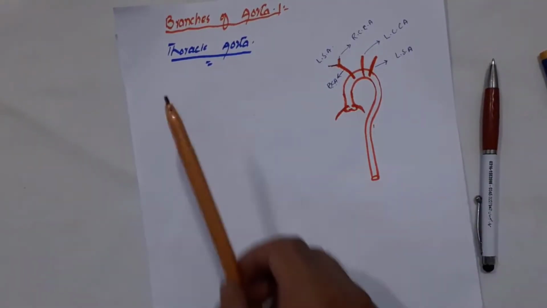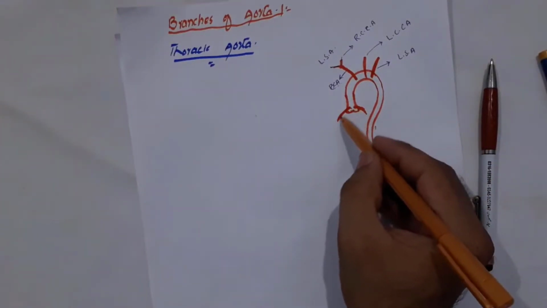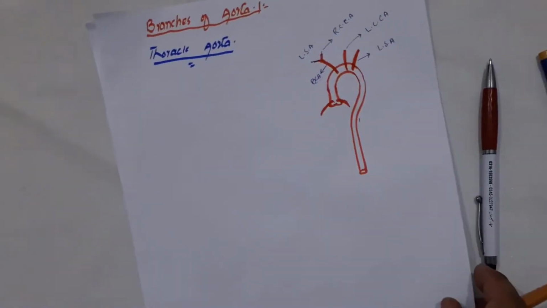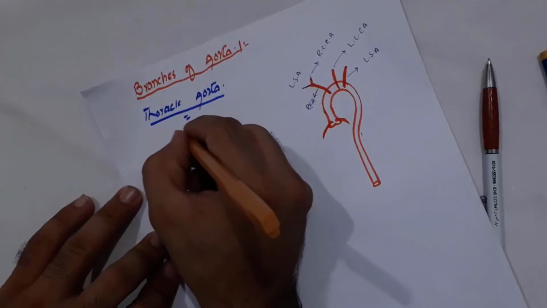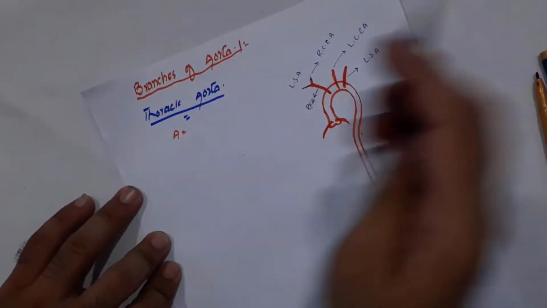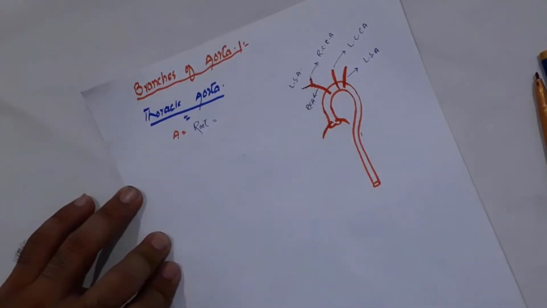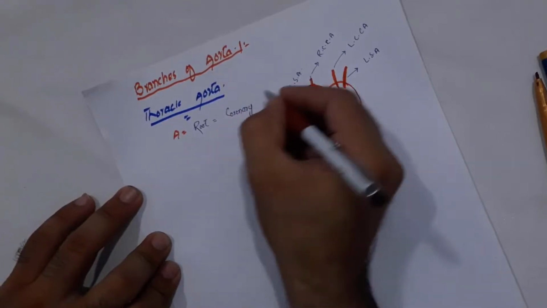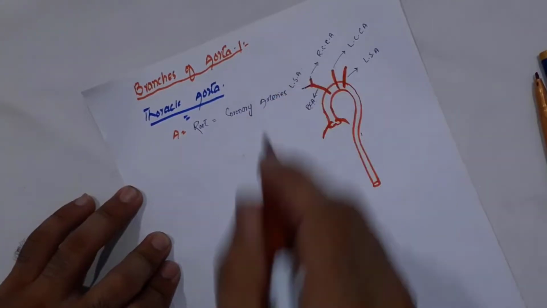So this thoracic aorta gives off branches in three important regions. This region is the root, this region is the arch, and this is the descending aorta. Let me mention them here. The first part is the root of the thoracic aorta, and it gives off coronary arteries, the right and left.